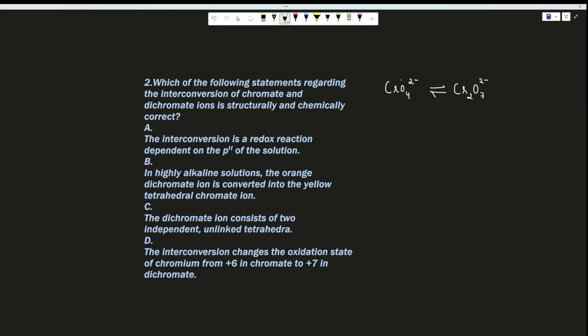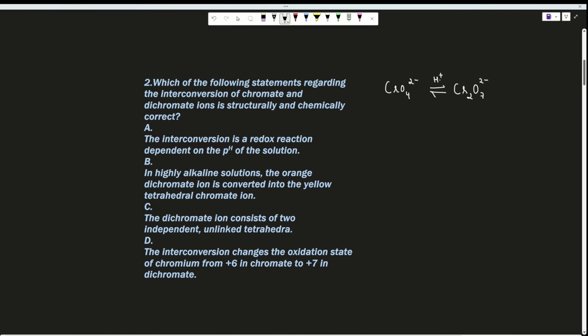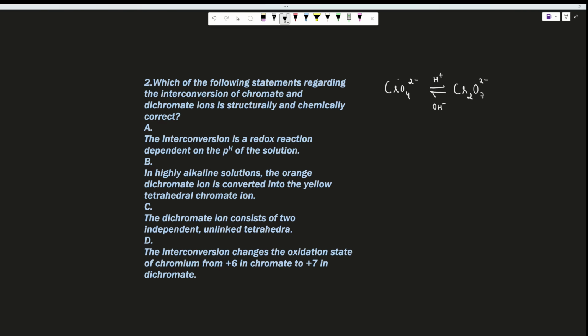The conversion from chromate to dichromate is in the presence of acid and the reverse one is in the presence of base. That means if the solution is highly acidic, the forward reaction happens, and if it is highly alkaline, the reverse reaction will happen. Both the ions, chromate and dichromate, have tetrahedral units. That is about their structure.